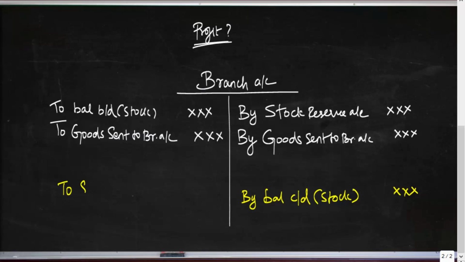We'll write: to stock reserve account. Through this entry, the profit that is loaded on closing stock is taken care of and removed. In this way, we are factoring in the profits that were loaded on the stock of goods sent to branches.